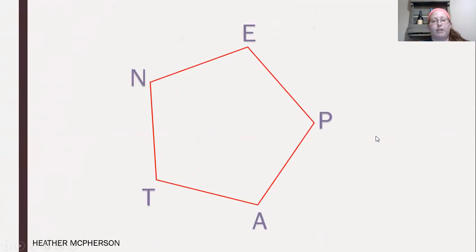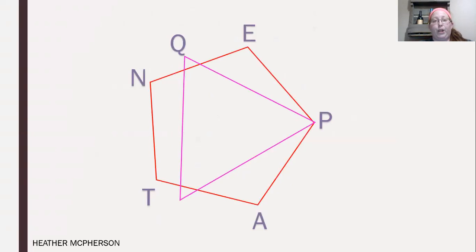Well, on this shape, we also have an equilateral triangle, which means that all the sides are the same, and those points are going to be P, Q, and R. And these two shapes are inscribed by this circle.